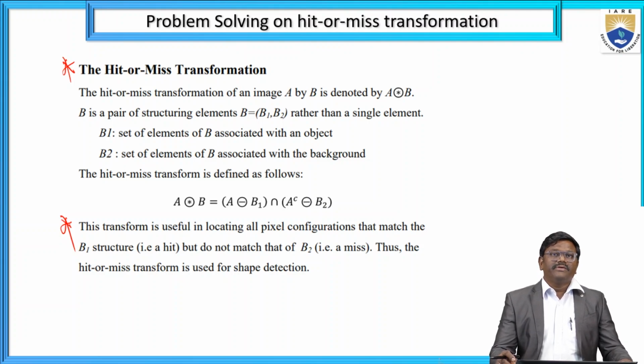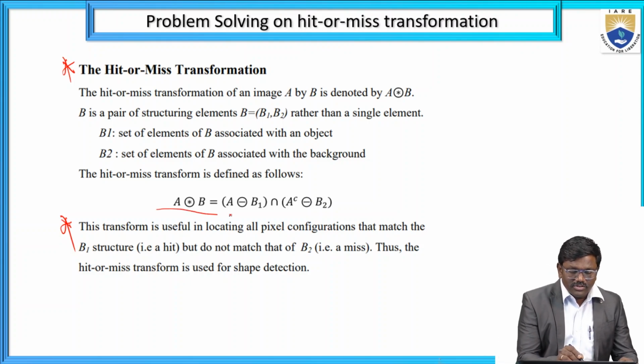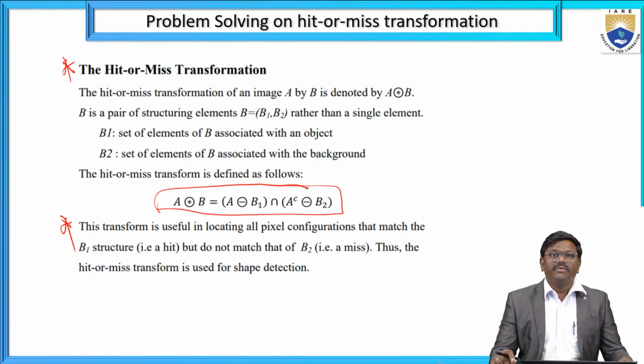B1 is the set of elements of B associated with an object and B2 the set of elements of B associated with the background. The hit or miss transformation is defined as follows, where we expand the formula of the hit and miss transformation between A and B.